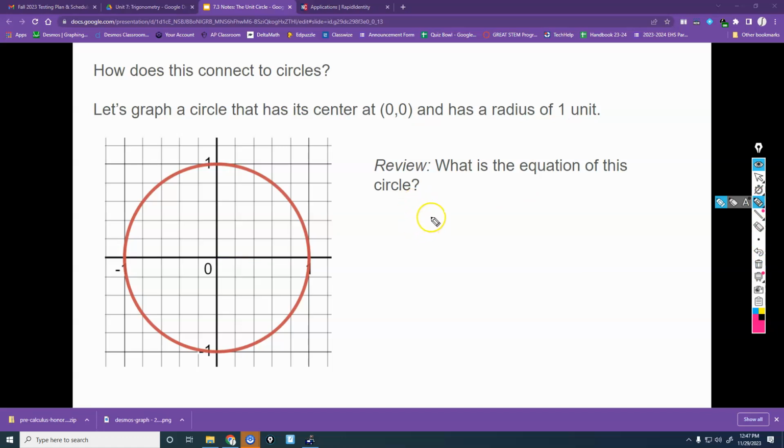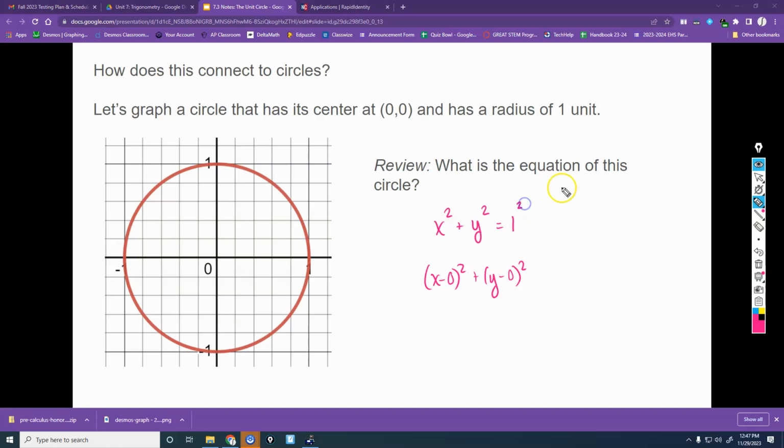Okay, it's just going to be an x squared and a y squared. If you wanted to, you could do x minus 0 squared and y minus 0 squared, but it looks a little cleaner if you don't put the zeros there. What's it equal to? 1.